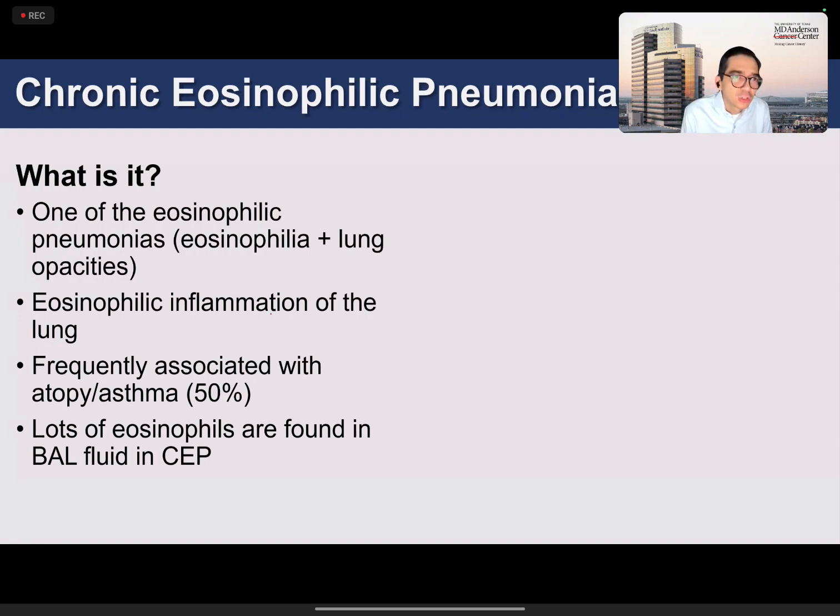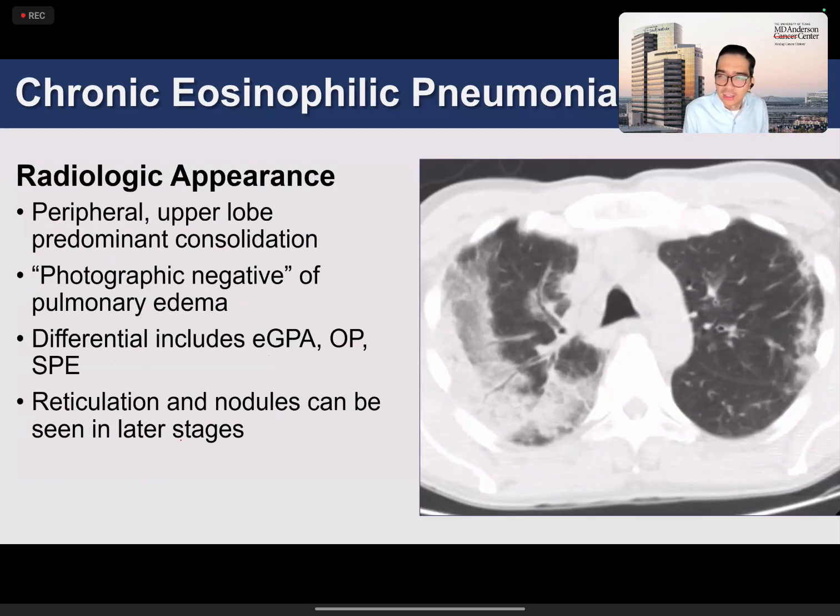Chronic eosinophilic pneumonia is frequently associated with patients with asthma, and patients will have eosinophils in the BAL fluid. And the classic description of chronic eosinophilic pneumonia is the photographic negative of pulmonary edema, where you have consolidation in the periphery of the lung rather than in the central part of the lung where you might have pulmonary edema.